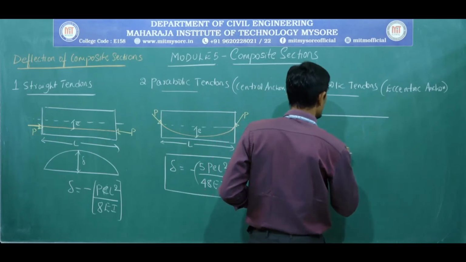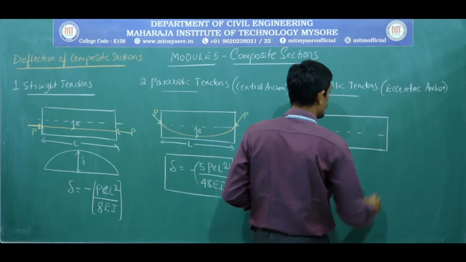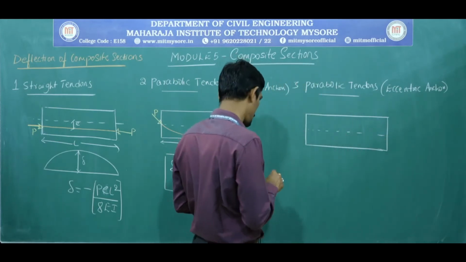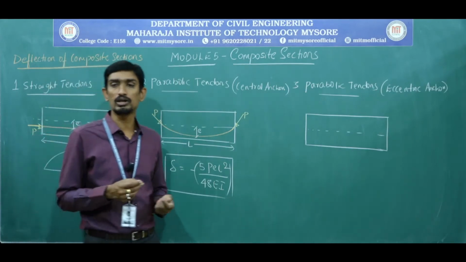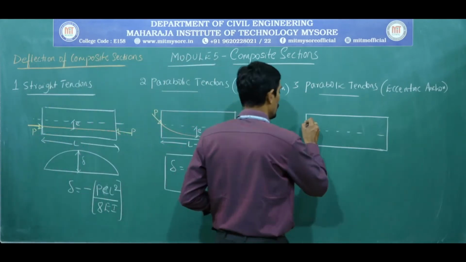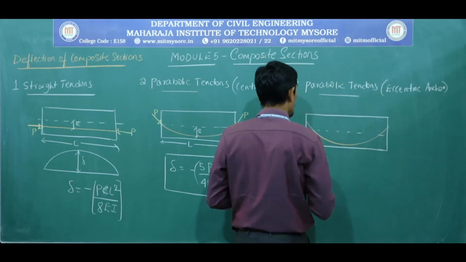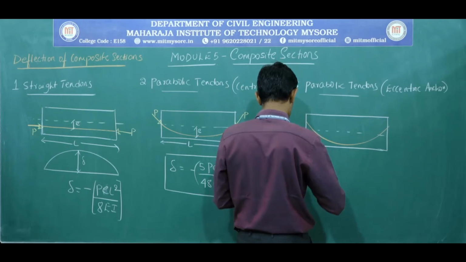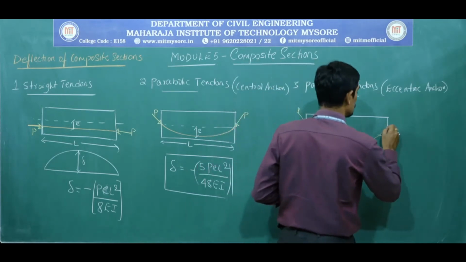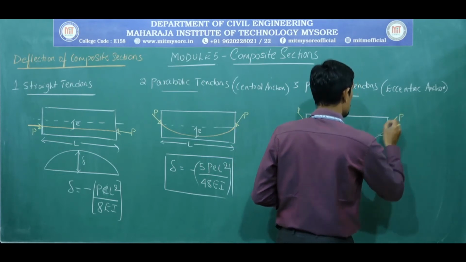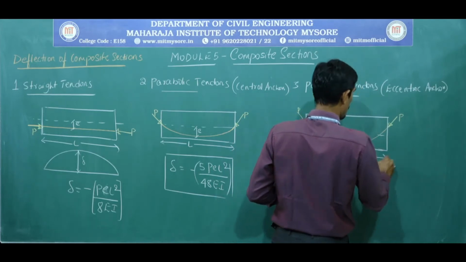Now the same PSC beam, and then the central axis. The very interesting thing you need to note here is that the eccentricity at the supports will be different, and the eccentricity at midspan will be different. So this is P, and this is L.